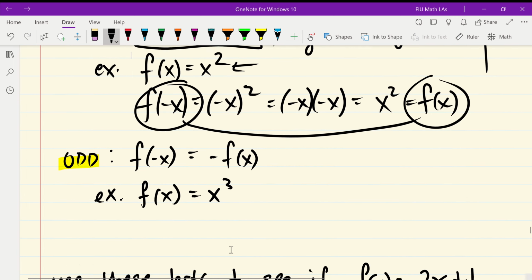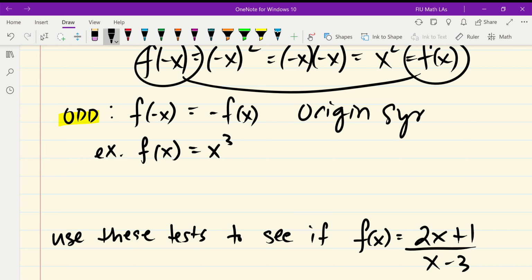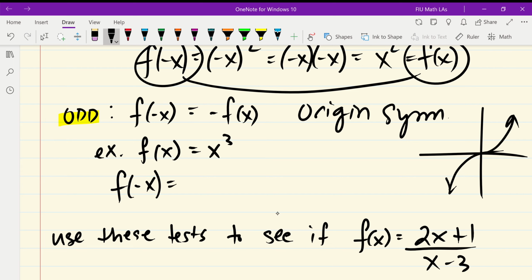And on the other hand, if I take f of negative x, it's going to equal negative f of x. This is odd. Odd functions have origin symmetry. So this kind of looks like this. It means I can fold it over the x and y axis, both of them. All right. And what this will do is if I take f of negative x here, this is negative x, this is cubed, this is negative x times negative x.